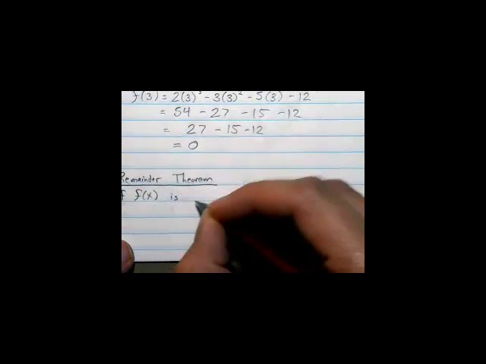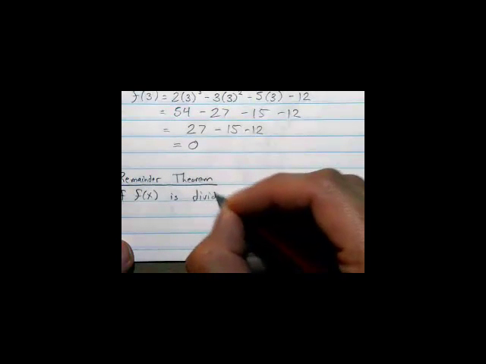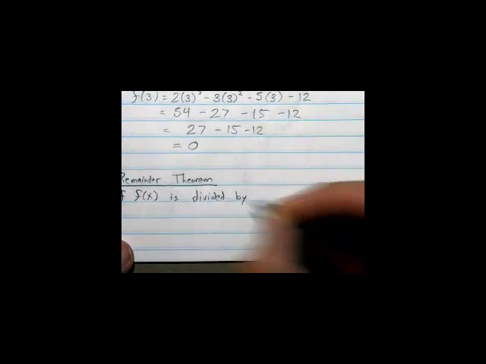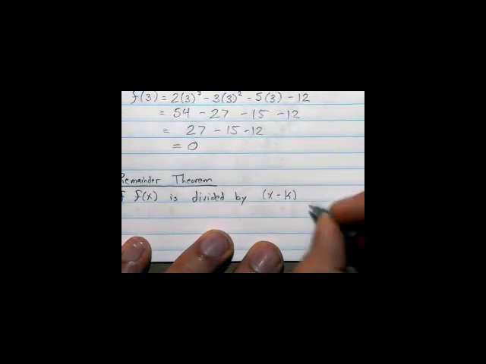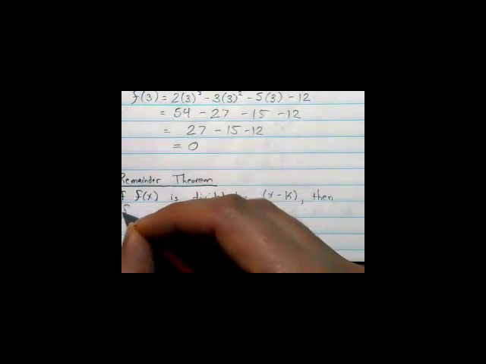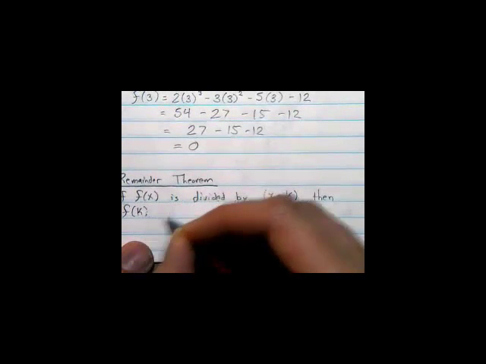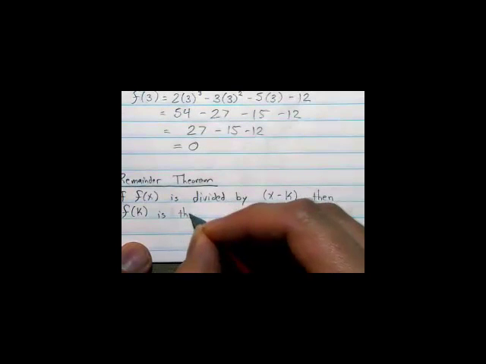So if f of x is divided by x minus k, then f of k is the remainder.